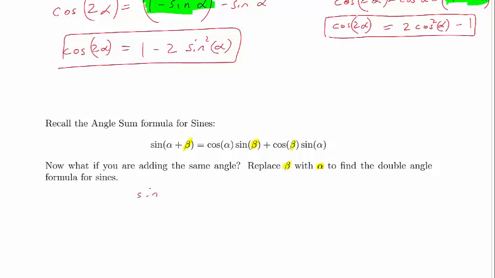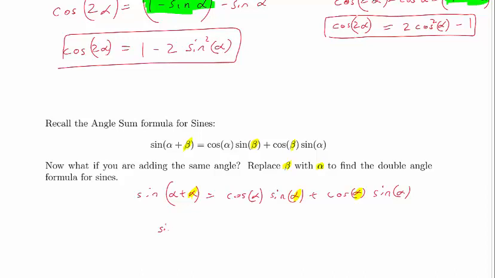We get sine of alpha plus alpha equals cosine alpha sine alpha plus cosine alpha sine alpha. Note that we get two like terms on the right-hand side of the equation.